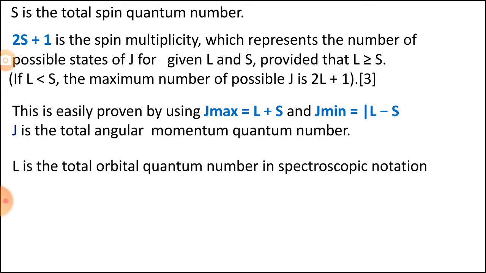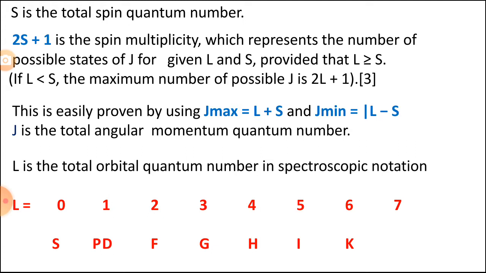When the orbital is less than half filled, we use the J minimum value, which is L minus S. And if the orbital is more than half filled, meaning the number of electrons is more than half, then we use J max, and the J value is L plus S. So J is the total angular momentum quantum number, and that is the coupling of L and S. When the orbital is less than half filled, J is L minus S, and if the orbital is more than half filled, then J is equal to L plus S.